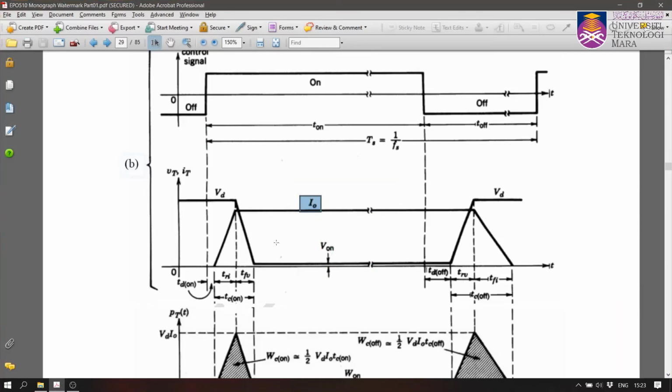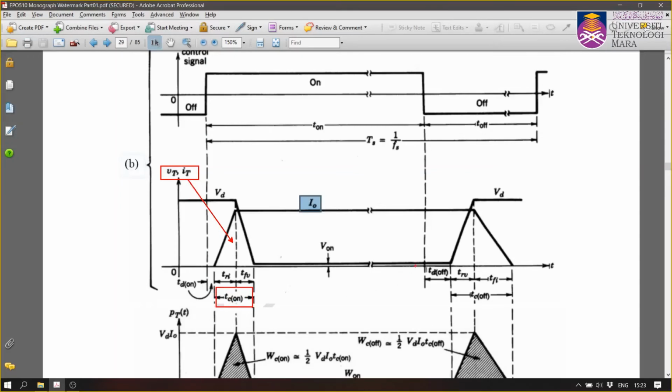We're going to focus on this switching loss, and therefore we consider the voltage VT here, as well as IT during that point. Okay, so this is the on time.